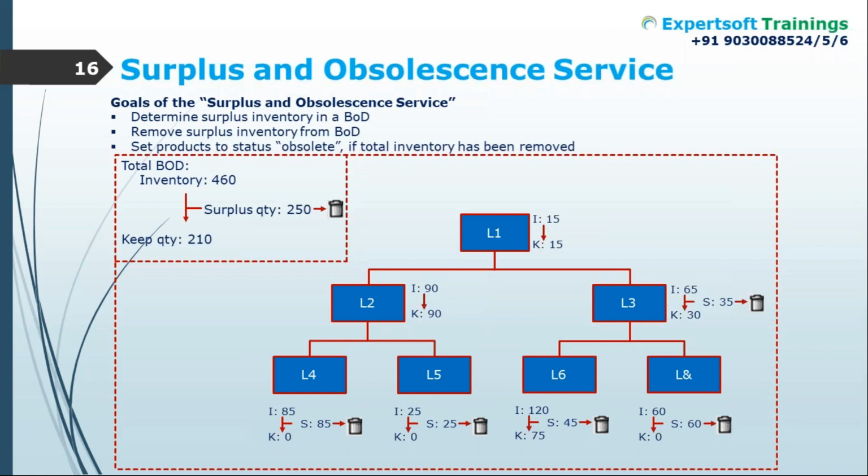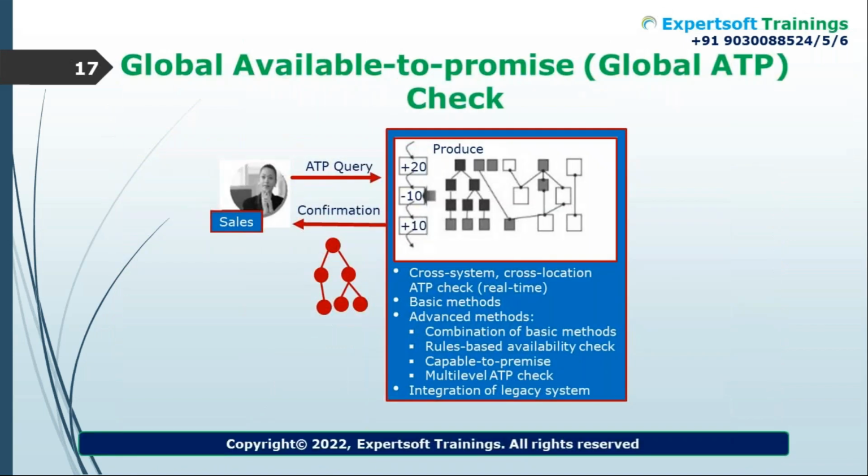Surplus and obsolescence: if a particular location has extra inventory, then that can be disposed of or transferred somewhere. Or if there has been no movement of inventory for a long time and the retention period has elapsed, then that product is obsolete, and you don't have to keep the inventory for that product. Those decisions can be taken care of by the surplus and obsolescence service.